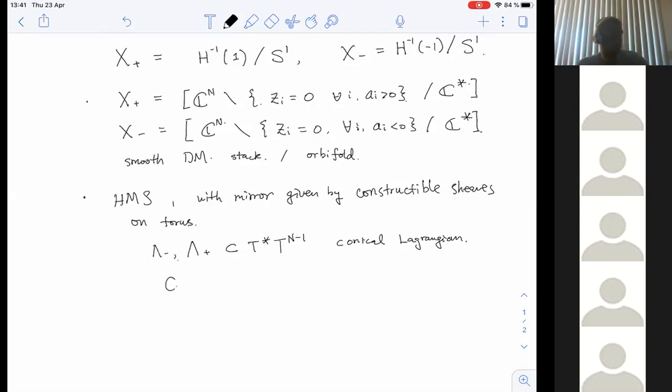And we would have the coherent sheaves on the stack, by which I really just mean C star equivariant sheaves on that semi-stable part of C^n. This would be equivalent to constructible sheaves of Lambda plus on T^{n-1}, and the similar result for X minus.